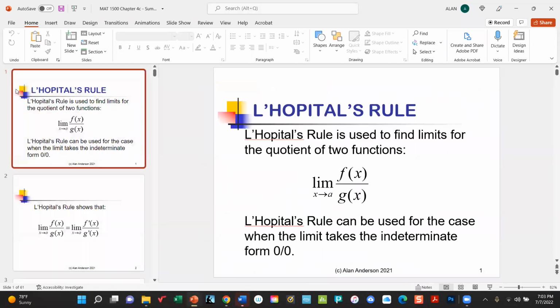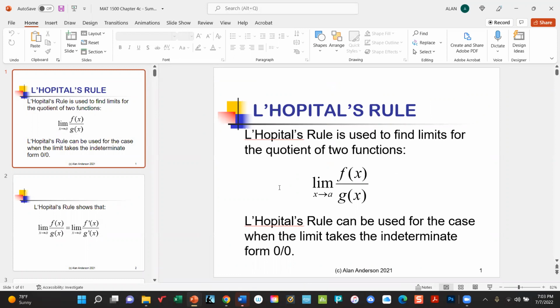Okay, so we've been using L'Hopital's rule. And if you recall, L'Hopital's rule is going to be used in cases when direct substitution leaves us with a ratio of either 0/0 or possibly infinity over infinity. It's really only meant for those two cases.